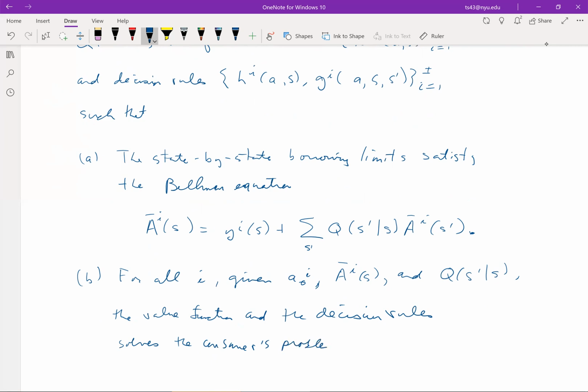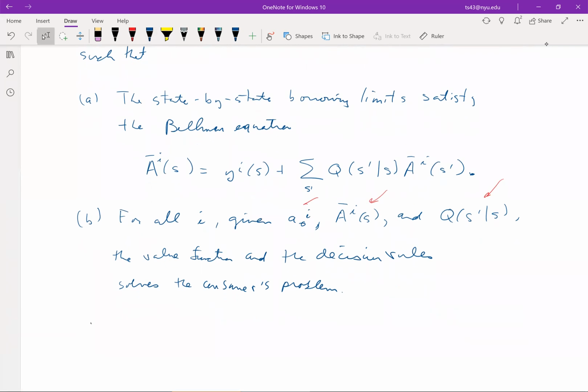That's for every consumer. Notice this person is a price taker and a debt limit taker, given an initial wealth.